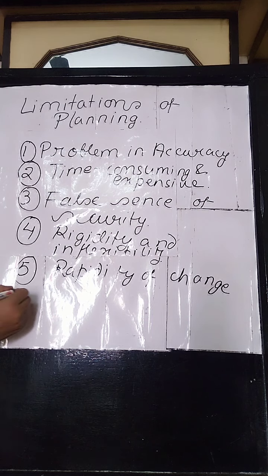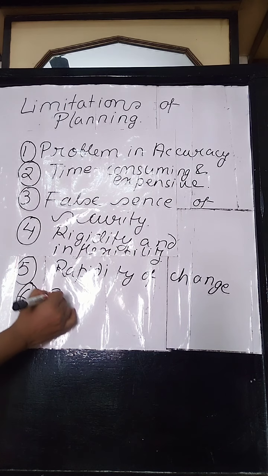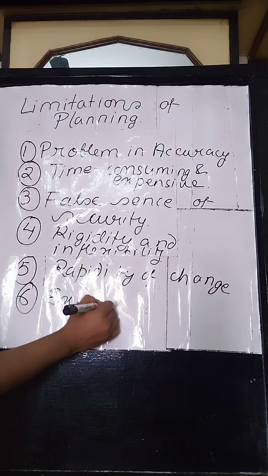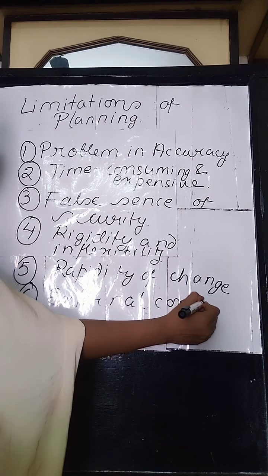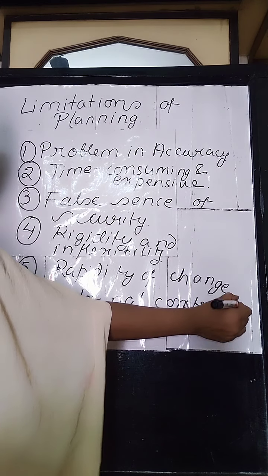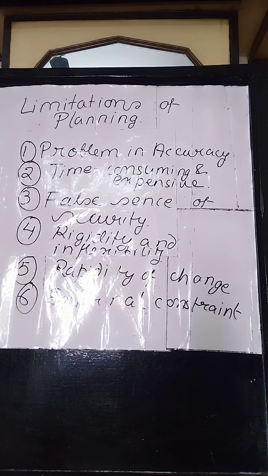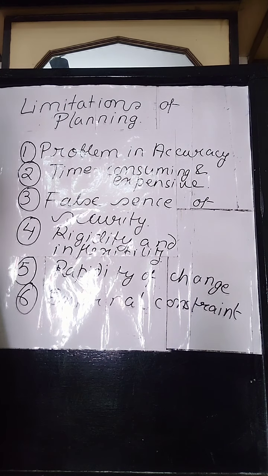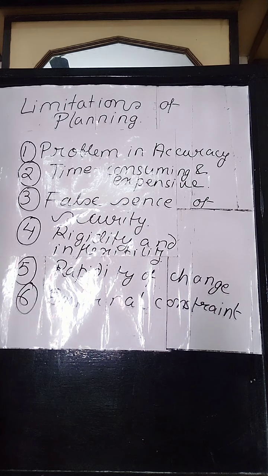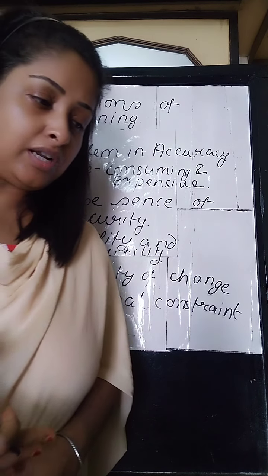External constraint. What is the meaning of this external constraint? As managers have very little or no control over all the variables, they face certain external constraints, meaning certain external obstacles.